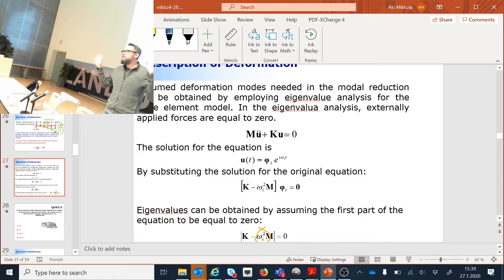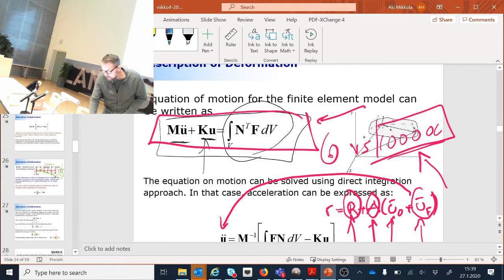It's just looking at how the structure itself is. It's not an absolute value of any kind. It's just a behavior model, a way the structure can behave, nothing else. How can I conduct an eigenvalue analysis? Well, I'm going to take a look at my original equation of motion, this one here.